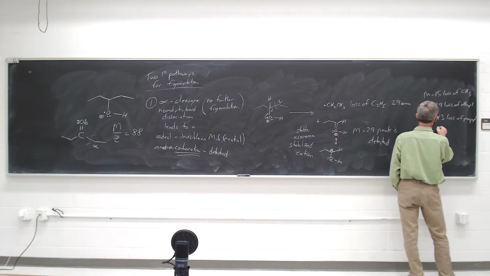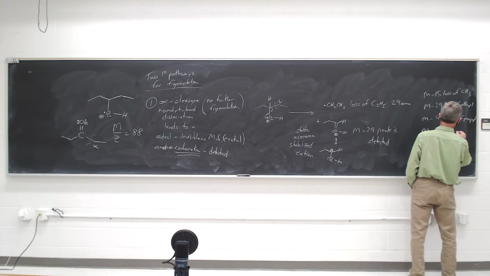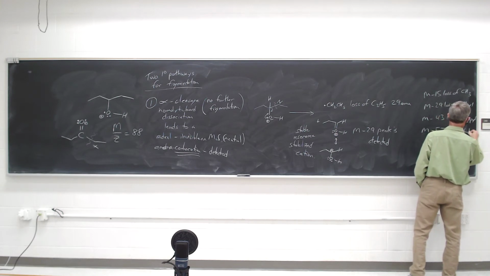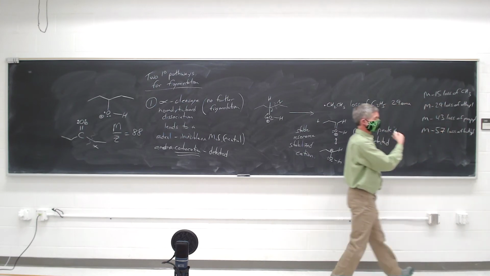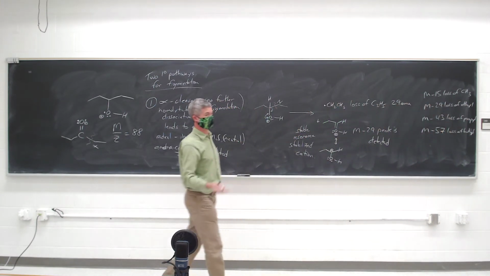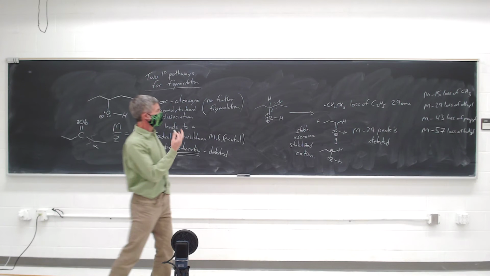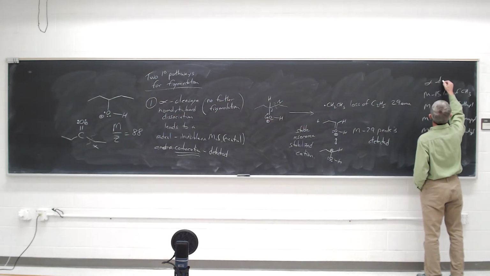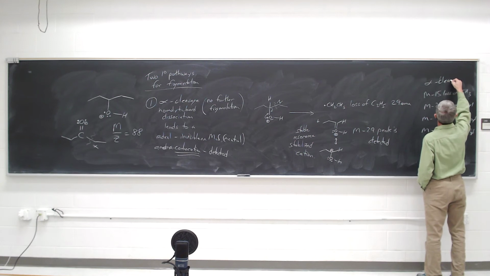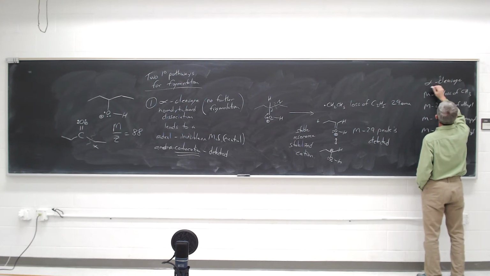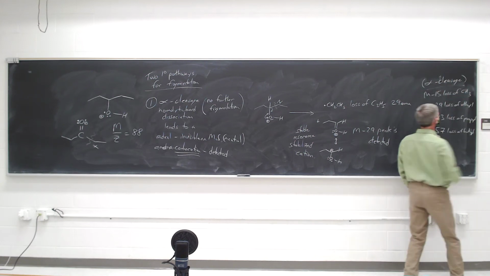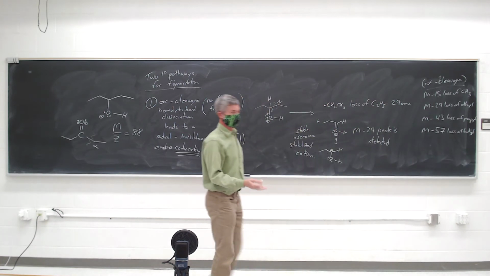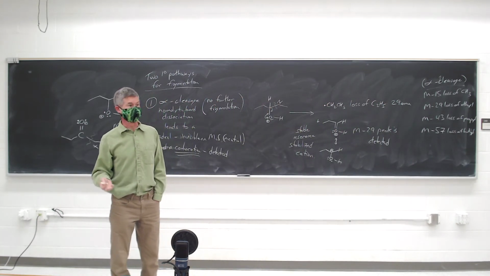And M minus 57 is loss of butyl. So when you see peaks that are 15, 29, 43, or 57 less, those are usually alpha cleavages. That is, the bond breaking and forming methyl radical or ethyl radical or propyl radical or butyl radical.